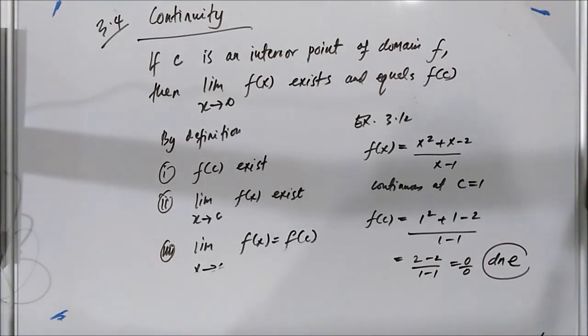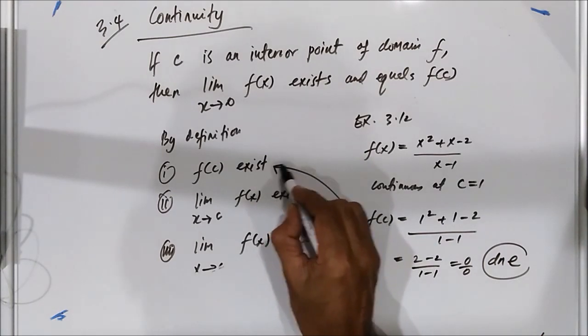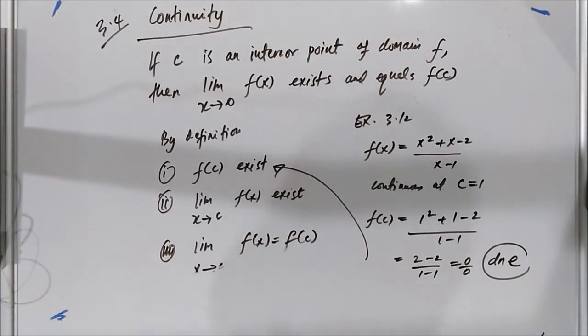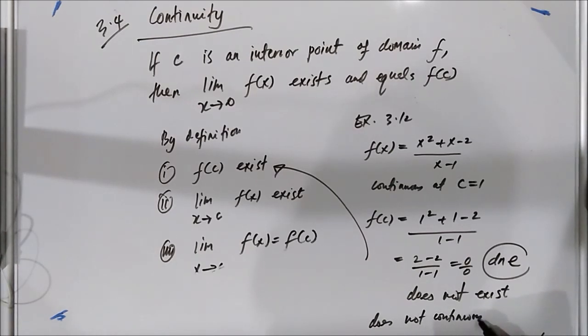So if f(c) does not exist, you can refer to the definition here. For continuity, f(c) must exist. If this does not exist, we can say that the function is not continuous at c equal to 1.